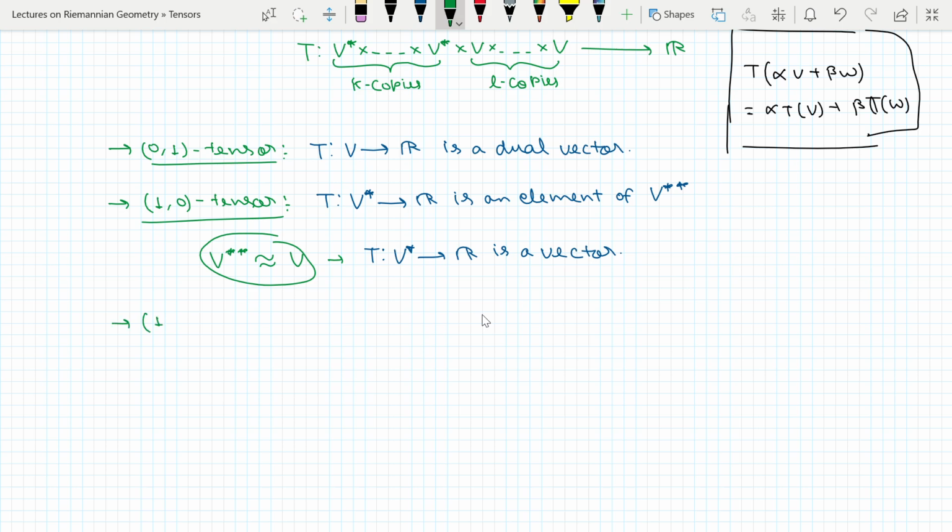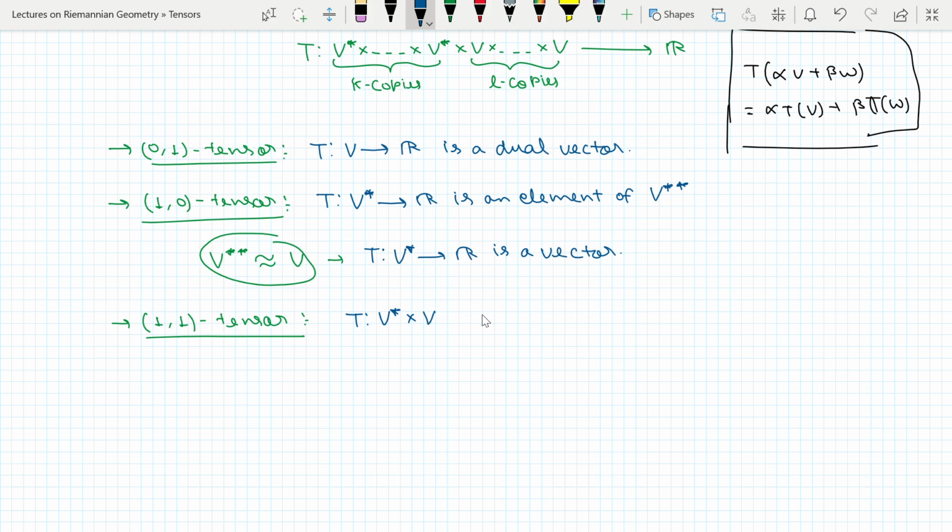Okay, so now let's have a look at the 1-1 tensor. What's a 1-1 tensor?